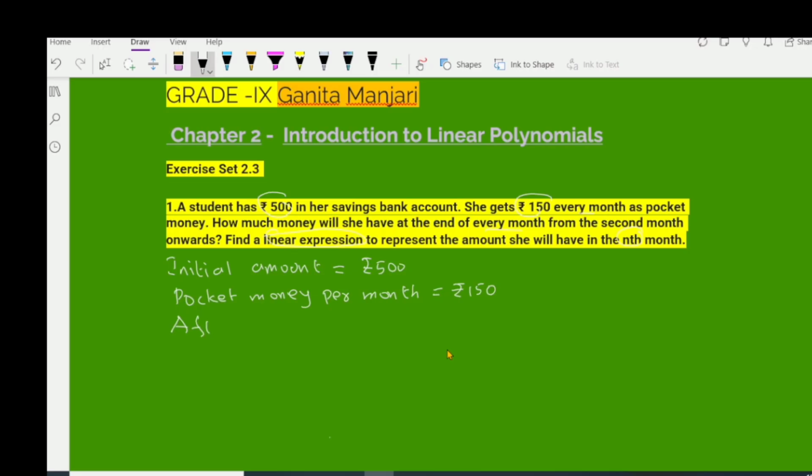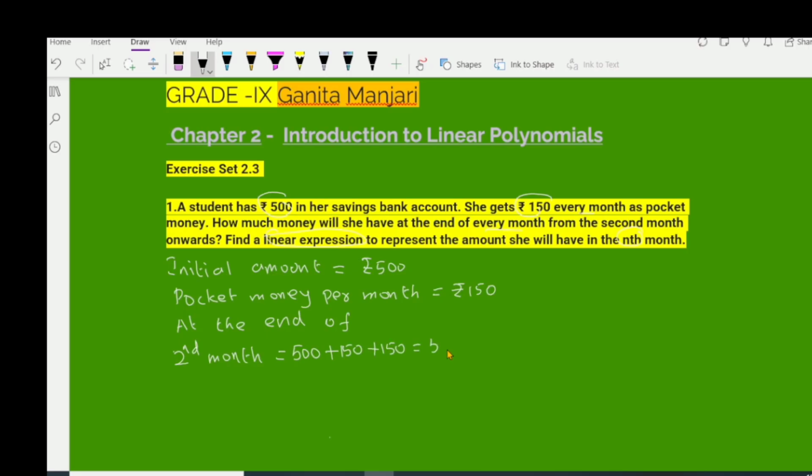Okay. So otherwise we can write at the end of. Okay, no need to write after. At the end of second month, at the end of third month, like that we can find the pattern. So at the end of second month, how much will have the initial amount plus first month pocket money plus second month pocket money.